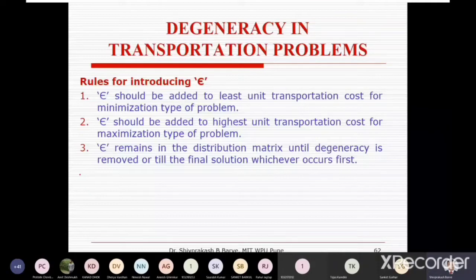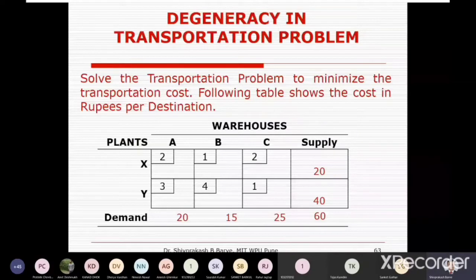If the same least unit transportation cost is there in several cells, check which cell where you add the epsilon will help to make the closed loop for the remaining unallocated cells. Now we'll see one problem, and how to add this epsilon in the transportation problem if it is stuck in between.